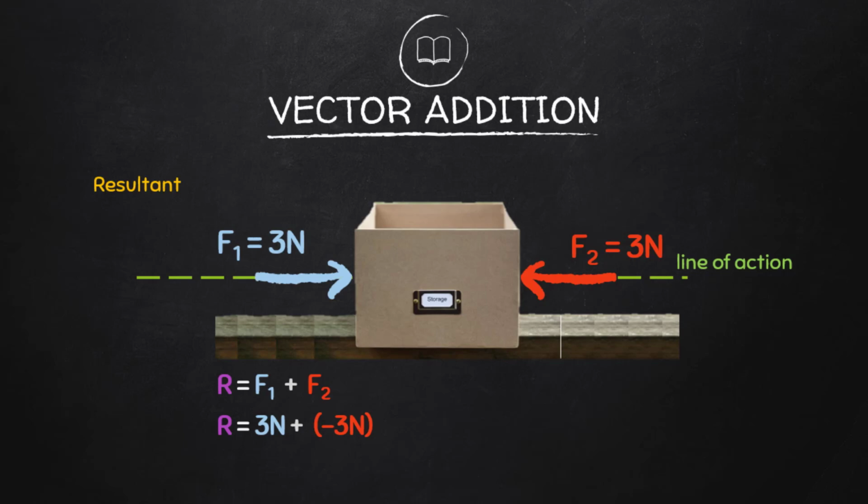Thus we will have the resultant equal to 3 newtons plus negative 3 newtons. The negative sign, again, denotes the direction of our force 2 because we considered forces going to the right to be positive. Thus we will have the resultant to be equal to 0 newton. This is an example of a force system in equilibrium state along the horizontal direction.